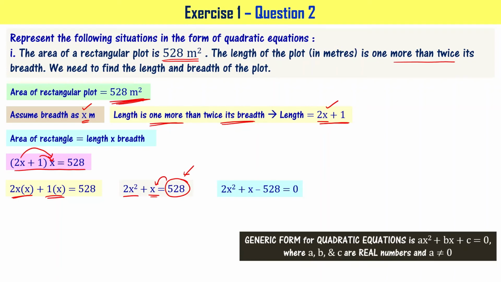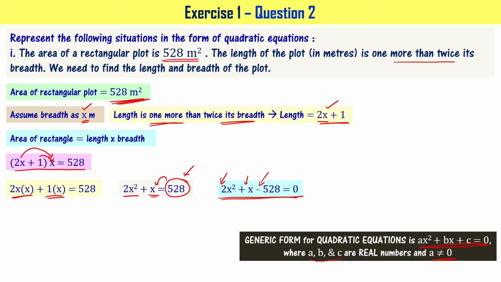It is in the form of quadratic equation, right? We know quadratic equation is in the form of ax square plus bx plus c equal to 0, and the coefficients a, b, c are real numbers and a is not equal to 0. The equation we have obtained is satisfying all the requirements. It is in the form of ax square plus bx plus c equal to 0, where a is 2, b is 1, and c is minus 528.